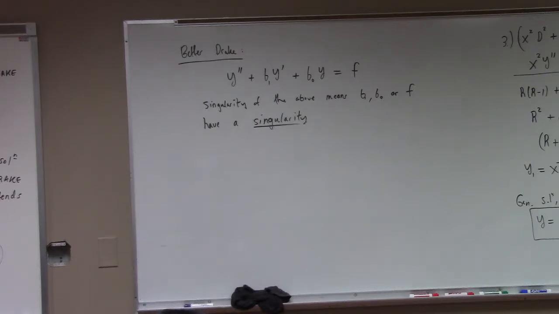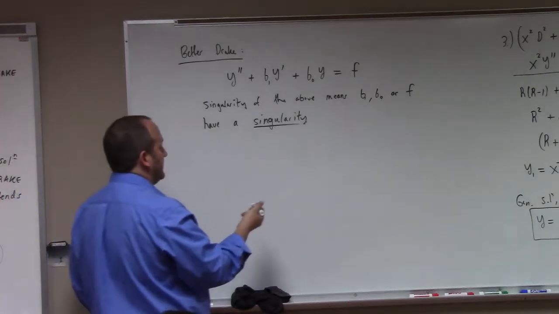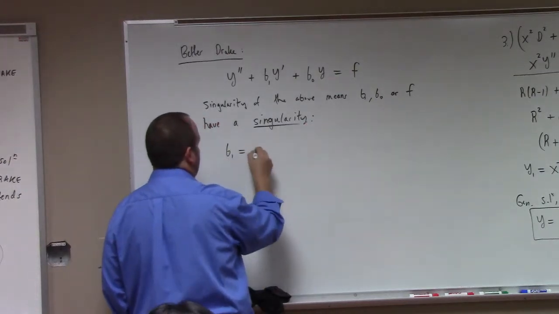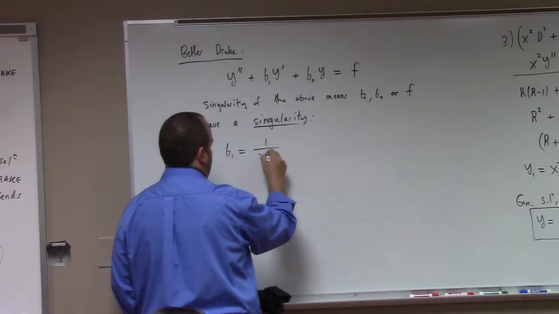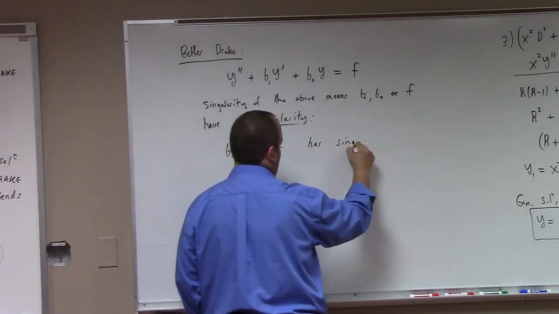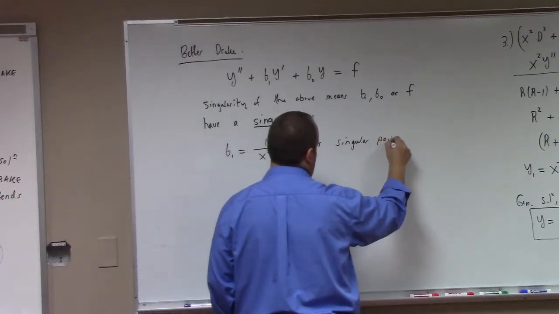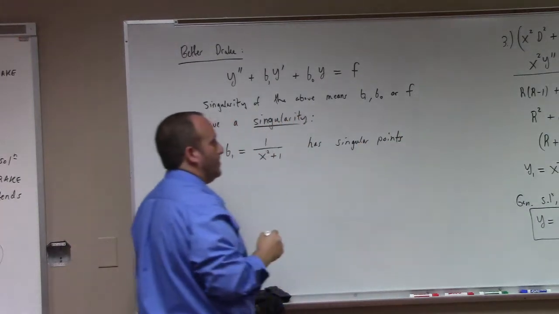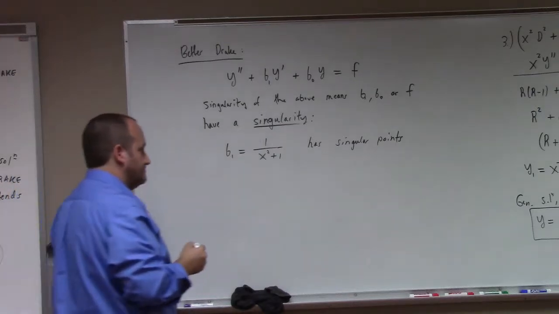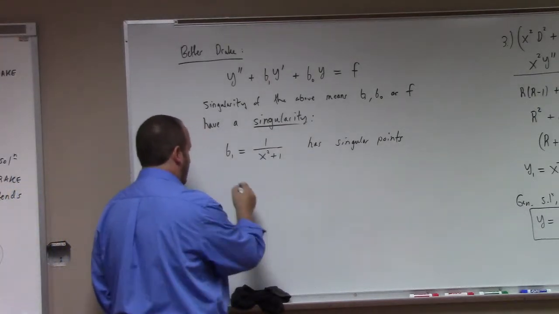Let me just throw some functions out there, and you tell me the singular points. So, for example, if I had B1 equals 1 over x squared plus 1, what are the singular points? Let me make it simpler.